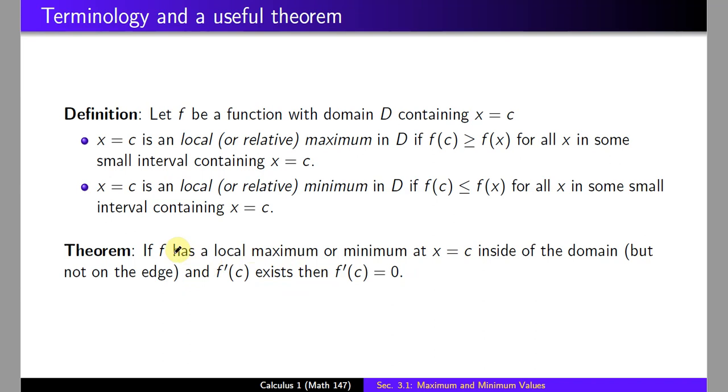And this is why much of the chapter, I would say even past the halfway point, is devoted to this question. How can we determine whether or not we have a local maximum or minimum for a given function? Just because this theorem doesn't answer the question. It partially helps, but doesn't fully answer the question.